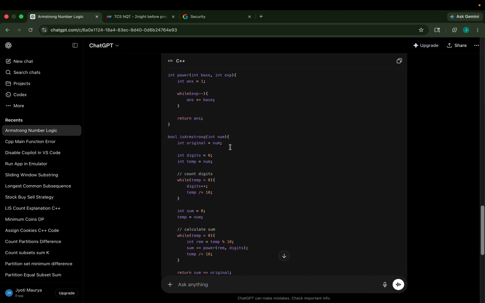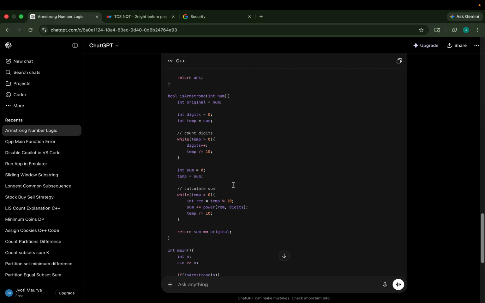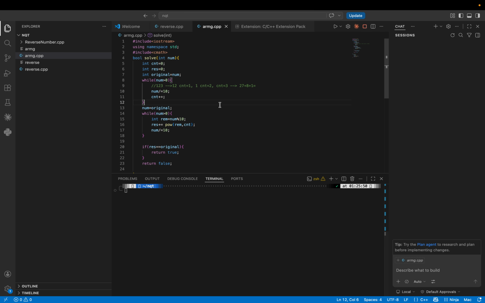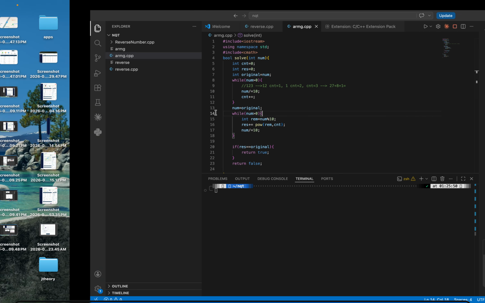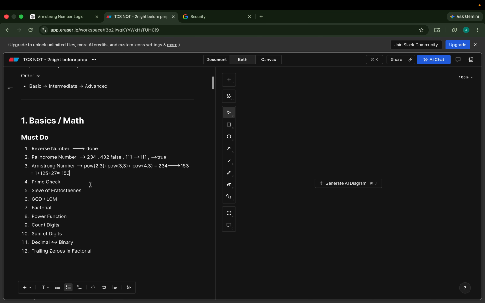And Armstrong is original number, digit is 0, temp is num, count. Here also they count. Then they calculated the sum. No, I don't think there is any difference. If it is, I'm now comfortable with this. Moving on to the next part. So this is done.